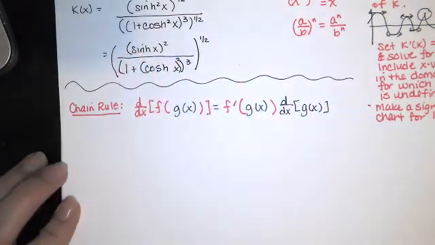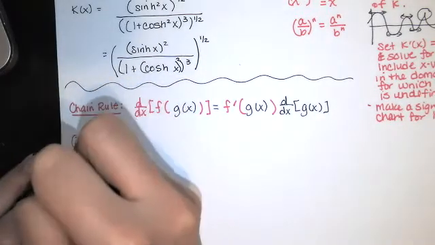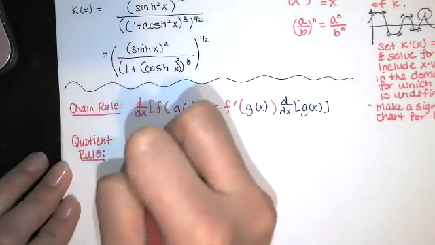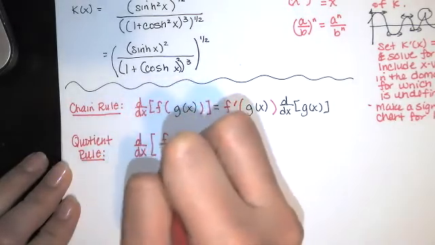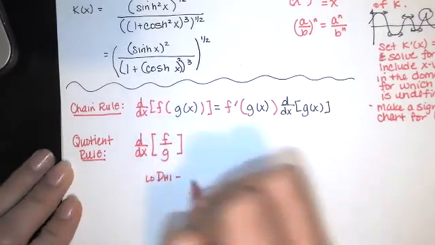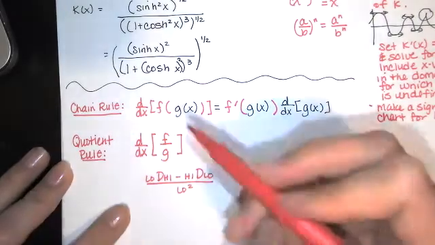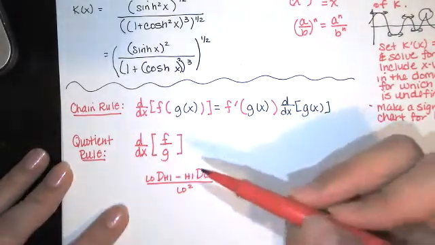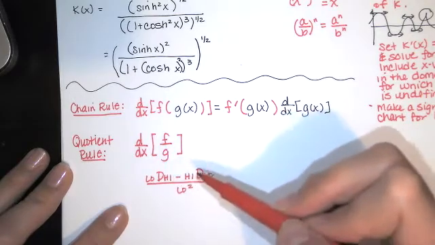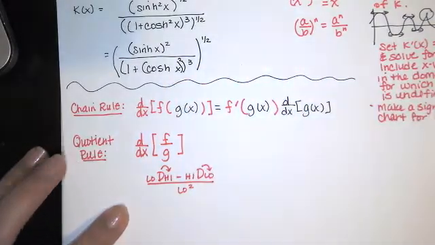We also have a quotient. We're going to need the quotient rule. This is probably my favorite mnemonic from high school. If I've got the derivative of f over g, my high school AP Calculus teacher showed me the following. He said, if this is the high function and this is the low function, the derivative of high over low is low d high minus high d low over low low, and the d is an operator, so it applies to what's in front of it.